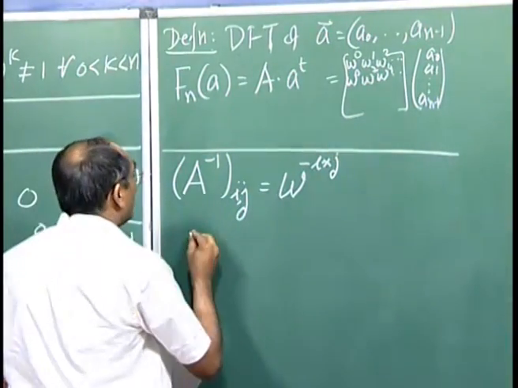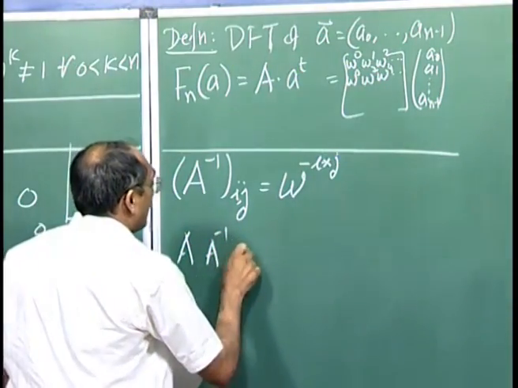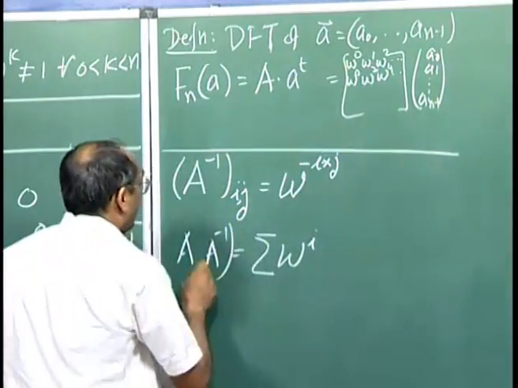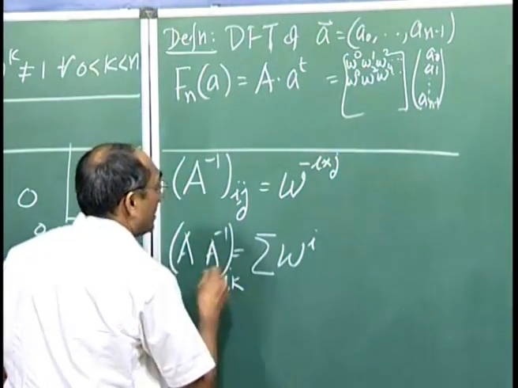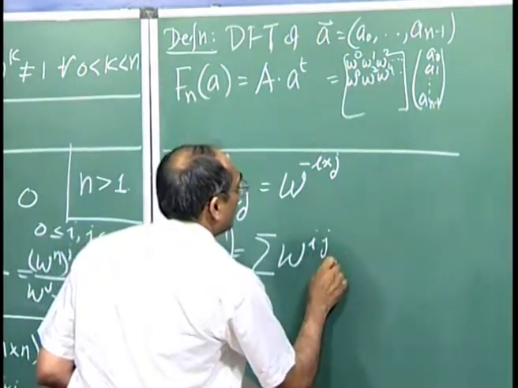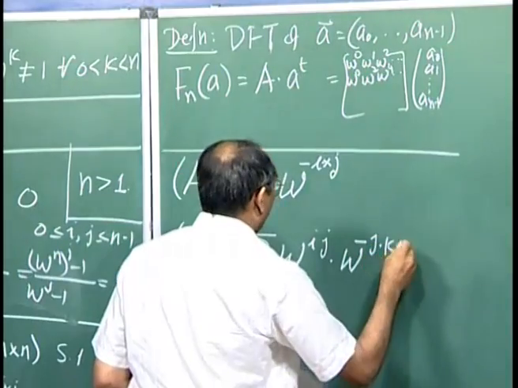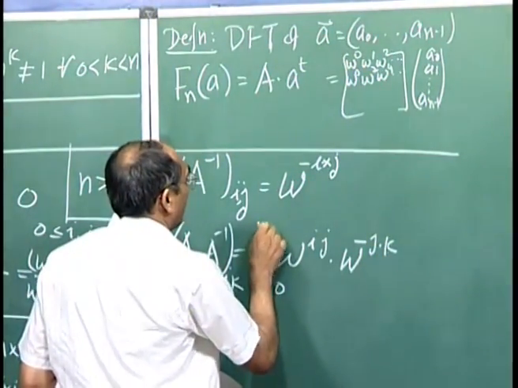Notice that this is the inverse because A times A inverse is the identity. Let us say this is the kth element of the ith row: sum of w^(-j times k) times w^(i j), with j going from 0 to n minus 1.